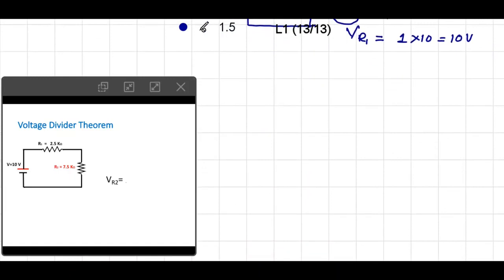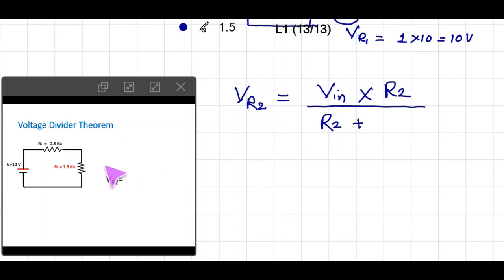When we want to find out the voltage across resistance R2, according to the voltage divider theorem the formula is this: the applied voltage V in, into the resistance across which we want to find the voltage, that resistance is R2 in this case, divided by the resistance across which we are finding the voltage, that is R2, plus all other series resistances in the circuit.